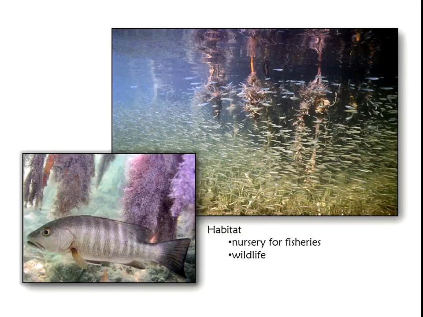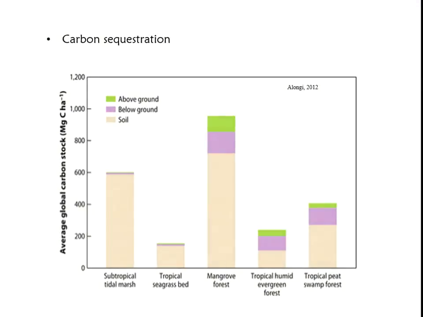One of the values that has, in the last few years, sort of overshadowed everything else is carbon sequestration. Have you guys heard of carbon sequestration? So it turns out that mangroves are really good at storing carbon. Living in this anaerobic, salty world retards decomposition.